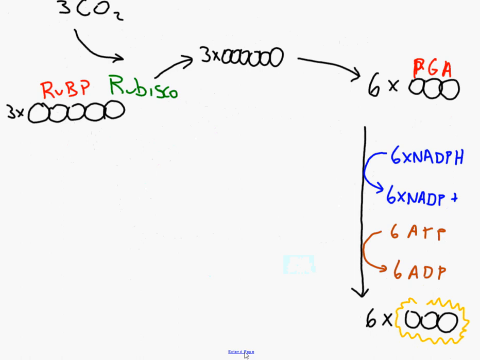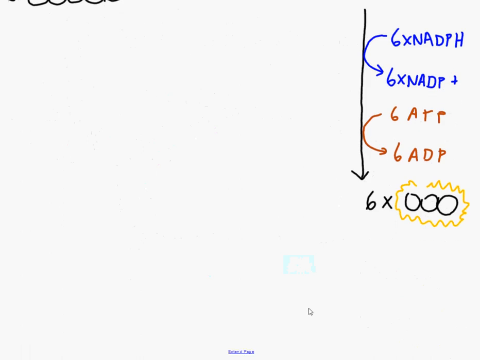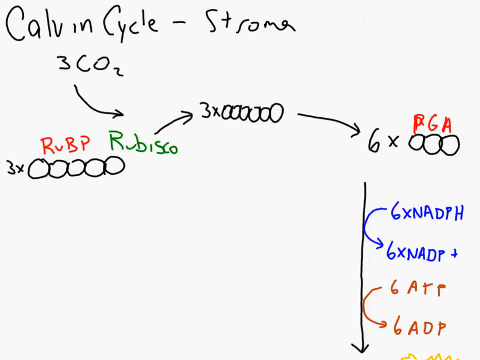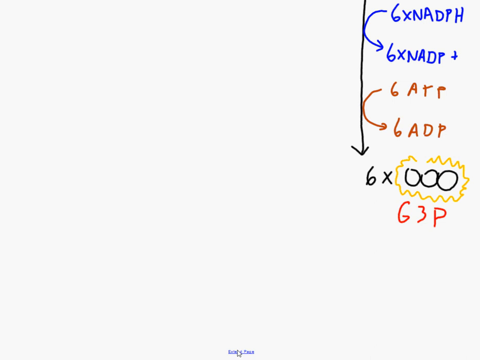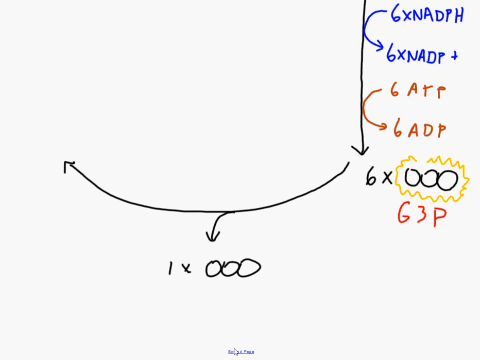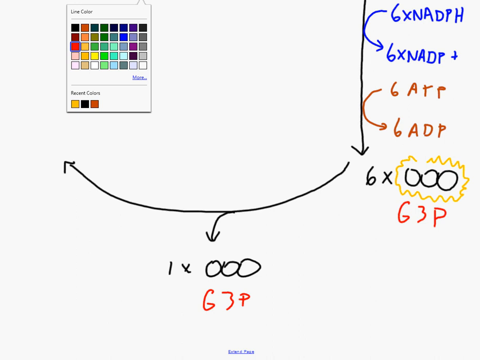And so at the end of this, we're going to have 6 molecules that are known as G3P, or glyceraldehyde 3-phosphate. G3P is more than sufficient. And so these are going to circle around here, and this is where something's going to get off the train. That something is one of those G3P molecules.